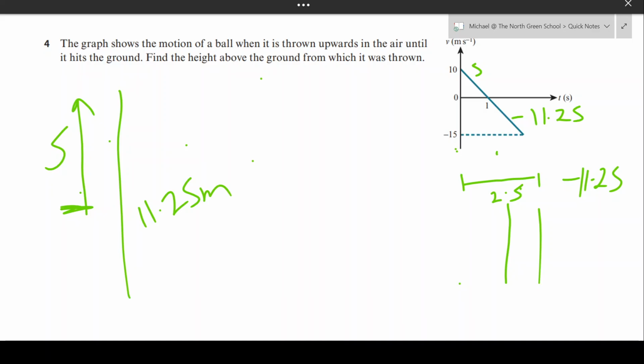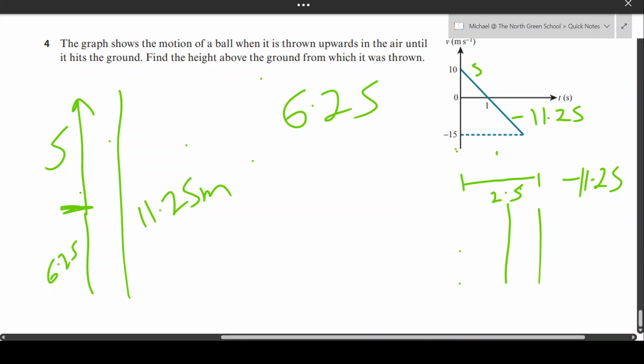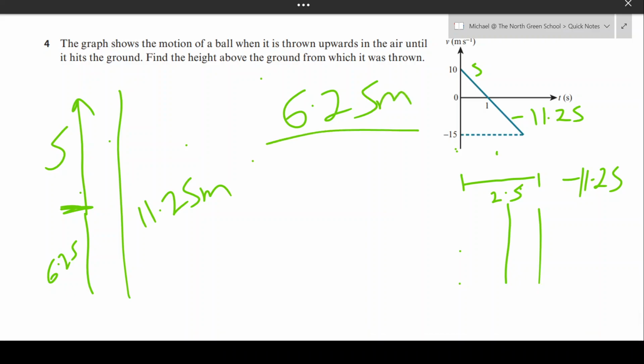So it'll be 5 minus 11.25, which is minus 6.25 meters. And that will be this part right there. 6.25 plus 5 is 11.25. And that shows you that you are 6.25 meters above the ground when you threw the ball. And that will be how you do this question.